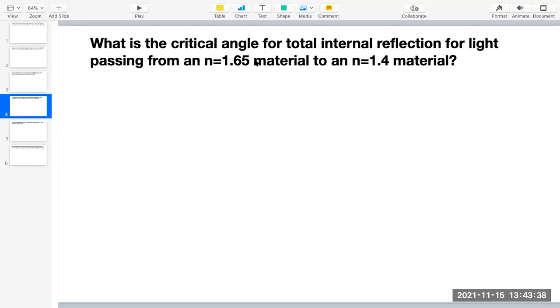So if we're going from the higher medium to lower medium, then it can get trapped and fail to escape the high medium material. So what is the widest angle that you could escape this material at, or the smallest angle that you can't escape that material at? That's what our critical angle is.